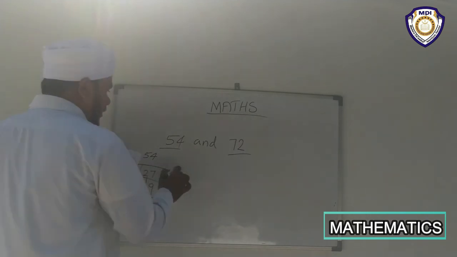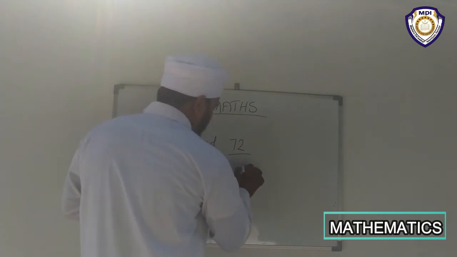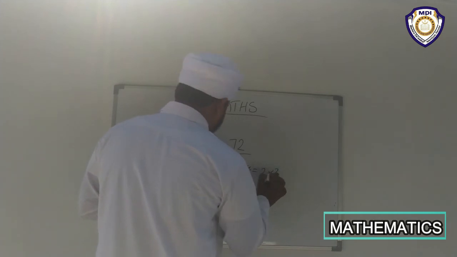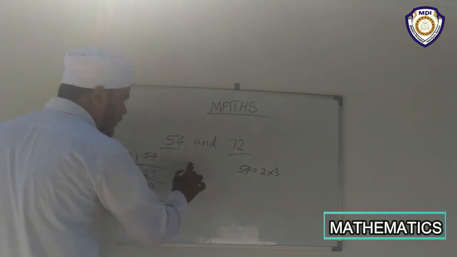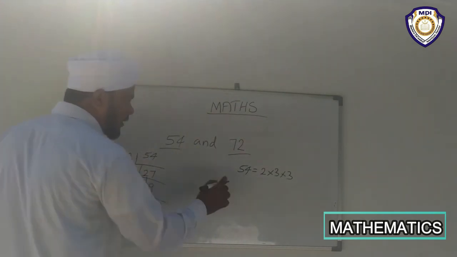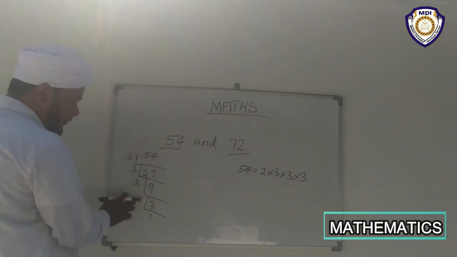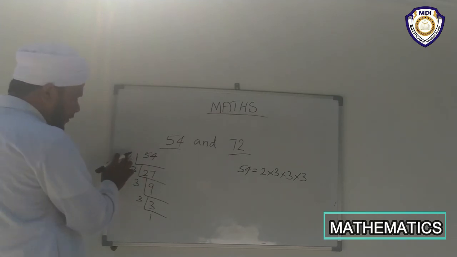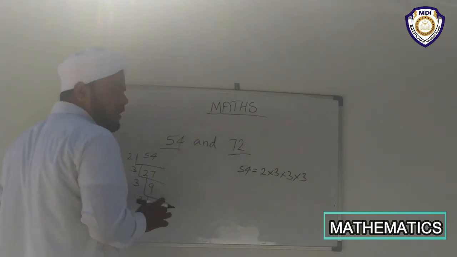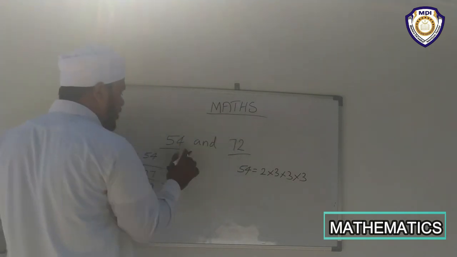We can write here 2 into 3 into 3 into 3. These are the factors of 54. Then next step we have to factorize 72.